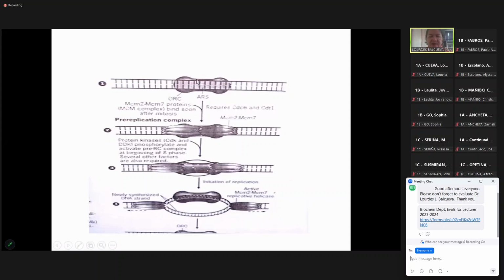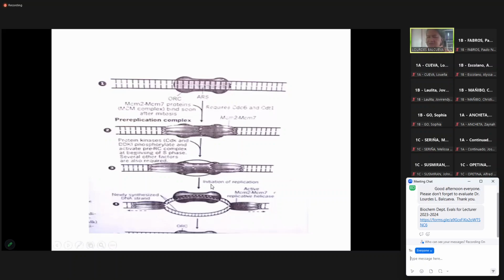It cannot function as an adequate helicase, but it has to be joined by CDT1 and CDC6, from the cell cycle.